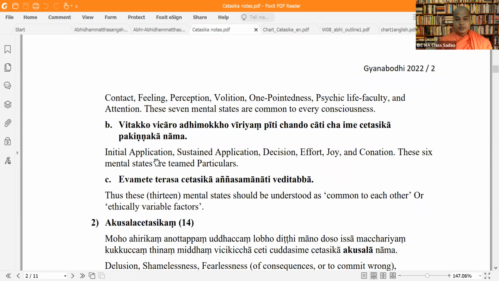In the category of Pakinnaka, you have these 6 mental factors. Vitakka is initial application. Vichara, sustained application. Adhimokkha, decision. Viriya, effort. Piti, joy. Chanda, this is a kind of desire.